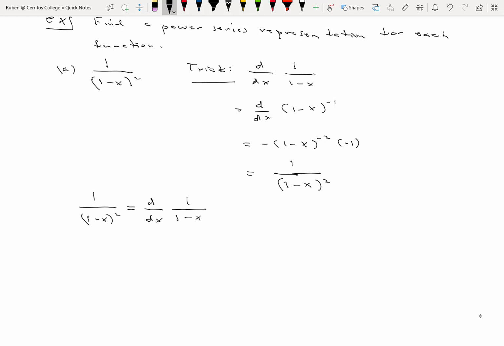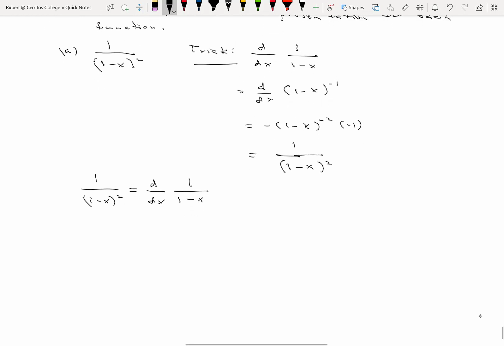Now, the main part of the trick then is to substitute into the right-hand side the power series that we know. 1 over 1 minus x is the sum of x to the n, n goes from 0 to infinity.